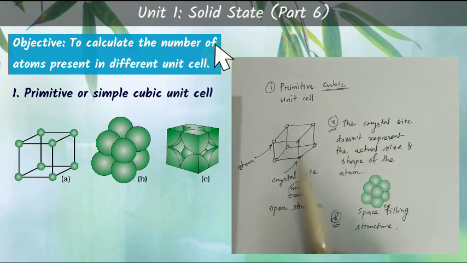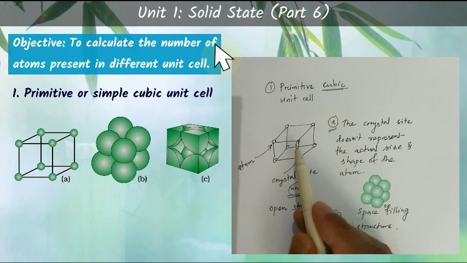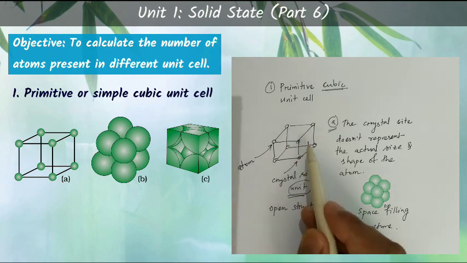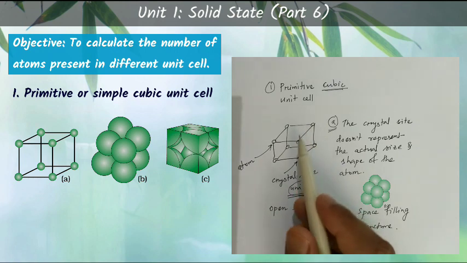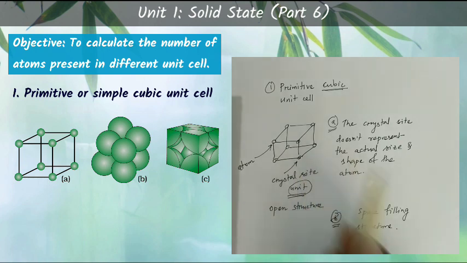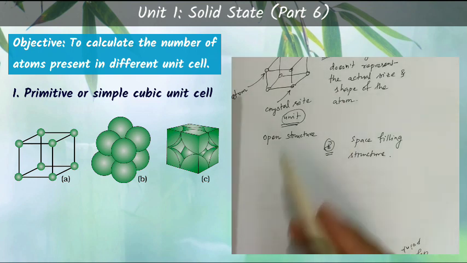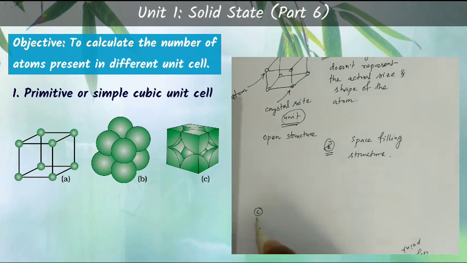Okay, so if you only consider this point, there will be a big atom here, and there will also be a big atom here, but only a part of this atom will be inside this unit cell. The other parts will be outside this unit cell. We can understand the fraction of these atoms which are inside this unit cell by using figure C. This figure C is known as the actual portion of atoms belonging to one unit cell.